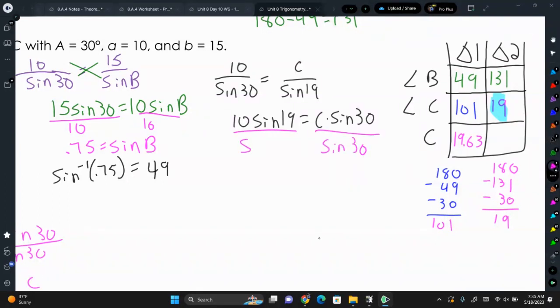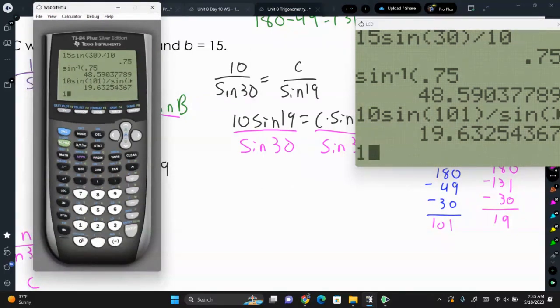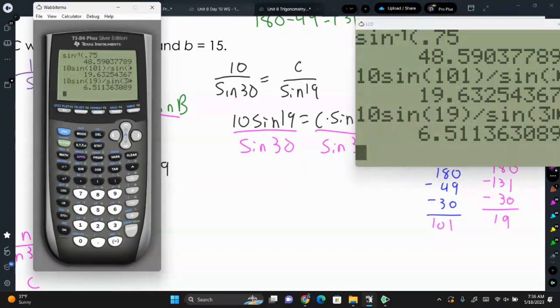Divide both sides by the sine of 30. So we're going to type all that into the calculator. So 10 times the sine of 19, close parentheses, divided by the sine of 30. And we get 6.51.